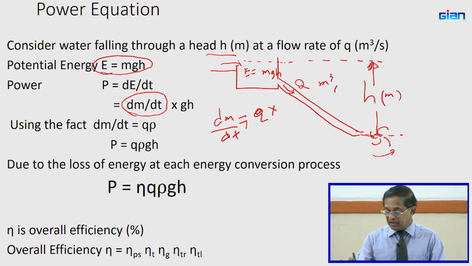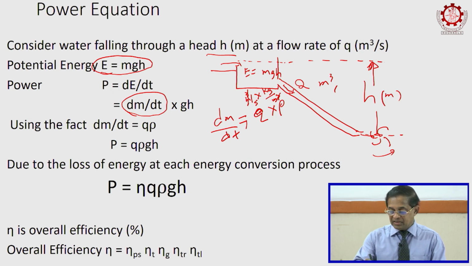I have used the simple q here. You can see the units: q is in cubic meters per second, rho is in kilograms per cubic meter. So, cubic meters will cancel, it is kilograms per second, which is dm by dt, the mass flow rate.